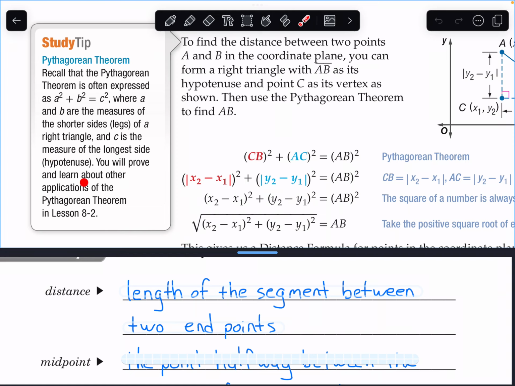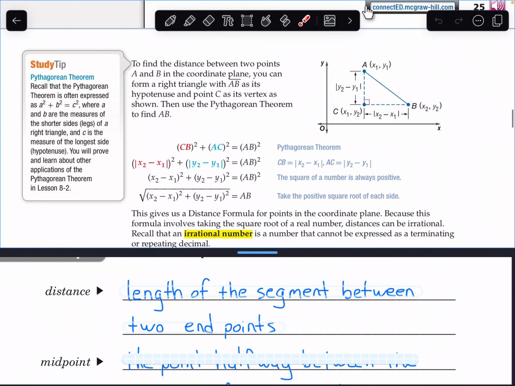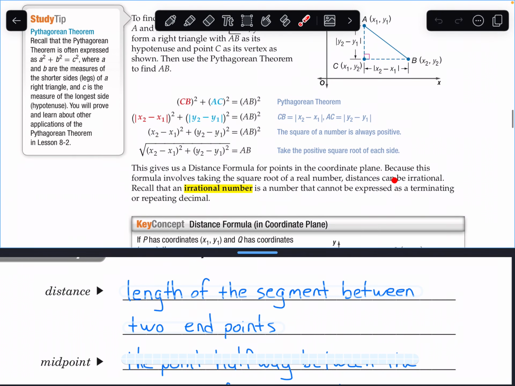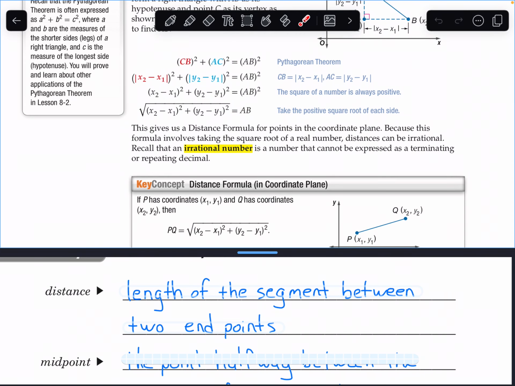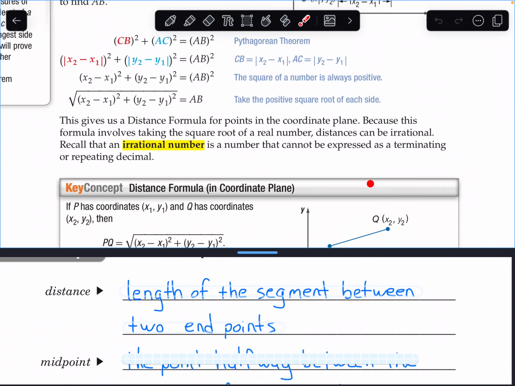You will prove and learn about other applications of the Pythagorean theorem in lesson 8.2. And that is where we will study it formally in this class. So if you already know the Pythagorean theorem, which is fairly likely, you can use that as an aid to help you check your work in this section. But it is not necessary to complete the work here.